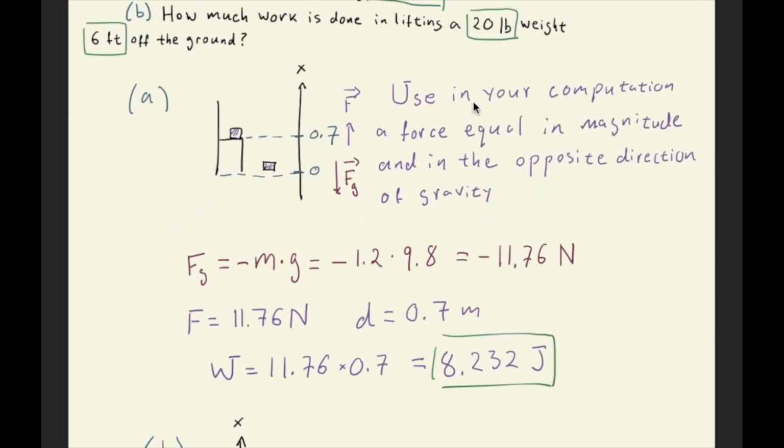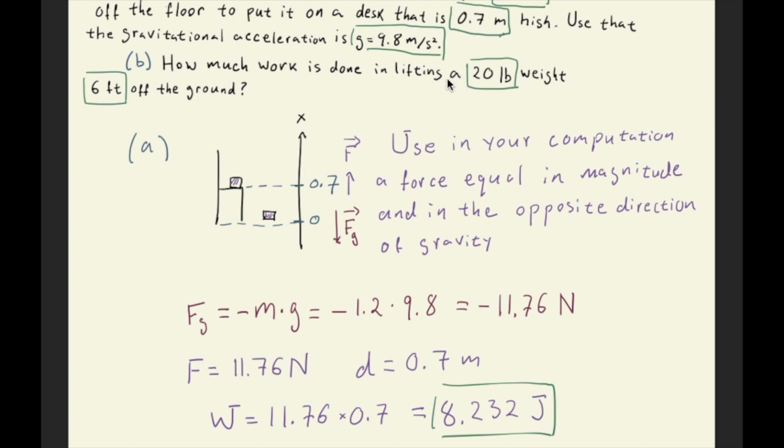So here you have the same problem. How much work is done in lifting? It depends on how you lift this weight, right? So instead of "is done in lifting the weight," you should say "is required." So just read it like this every time there are problems that have this issue with the statement.